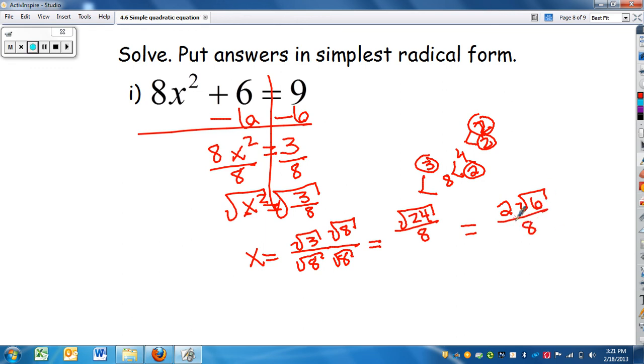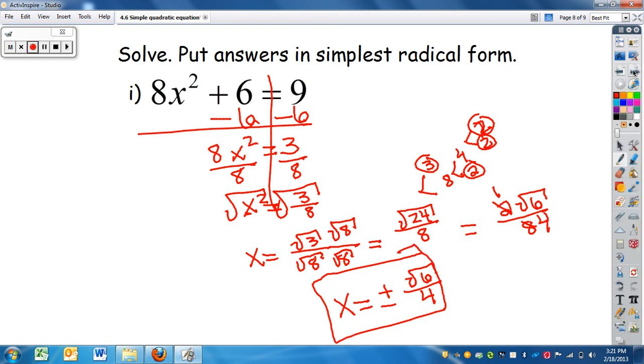Okay, so we know square root of 6 is done, but we check the outside. They divide out to 1 and 4. So x equals, don't forget the plus or minus after all that work. You don't want to get it wrong after doing all the hard stuff. So we get square root of 6, because 1 times square root of 6 is just square root of 6, over 4. That's your final answer.